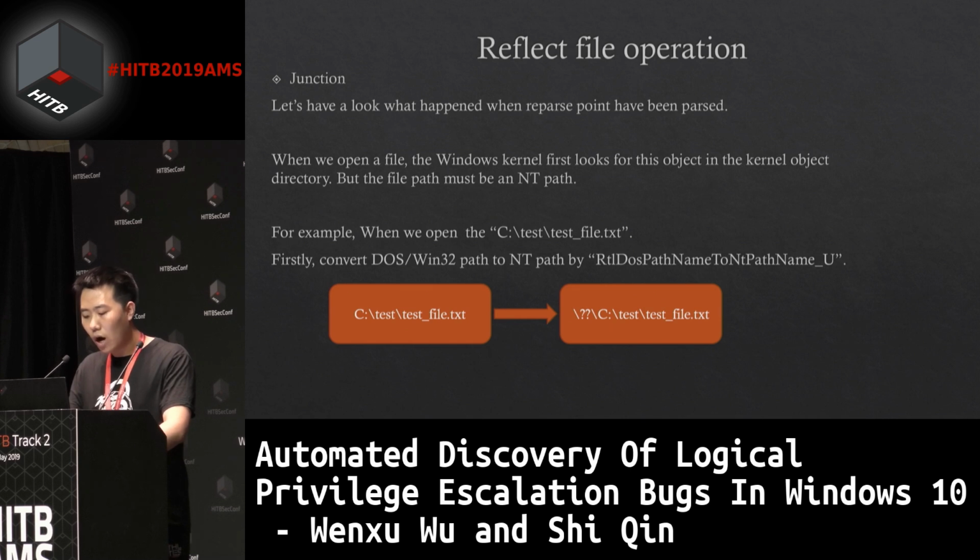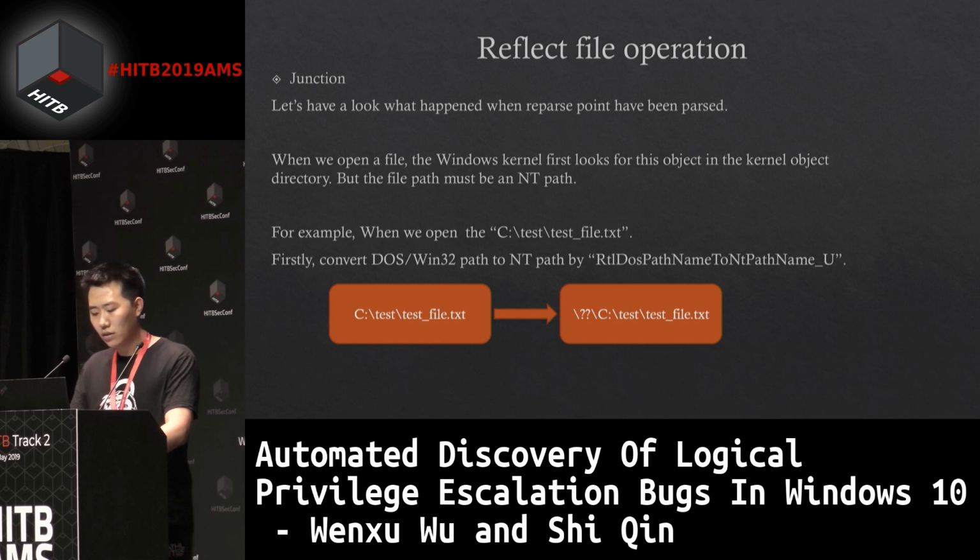Okay, we now know how to create a reparse point. The next step is that we want to know what happens when we open a reparse point. When we open a file, the Windows kernel first looks for this object in the kernel object directory, but the kernel object manager only knows the NT path, so a conversion is necessary.